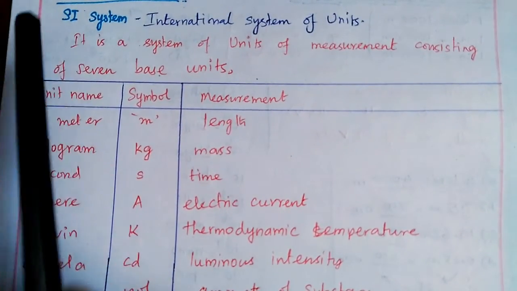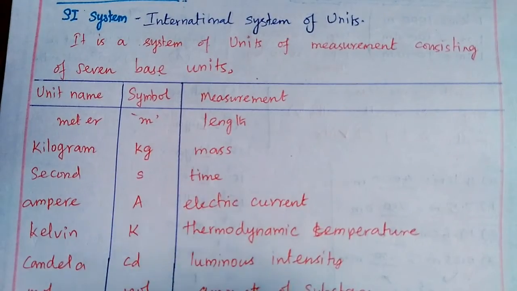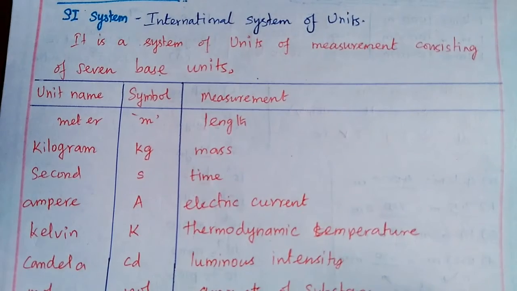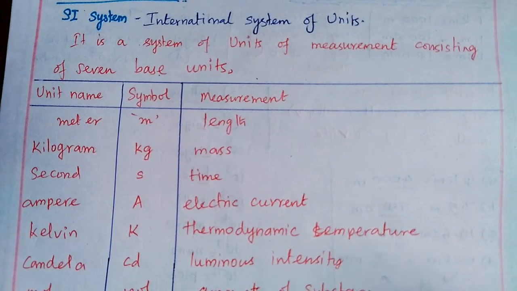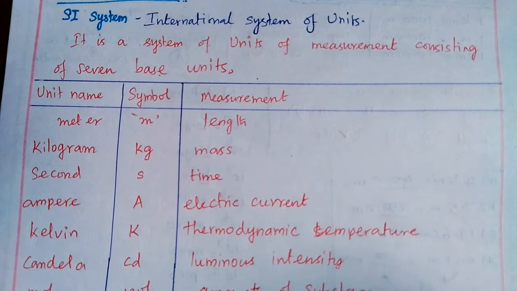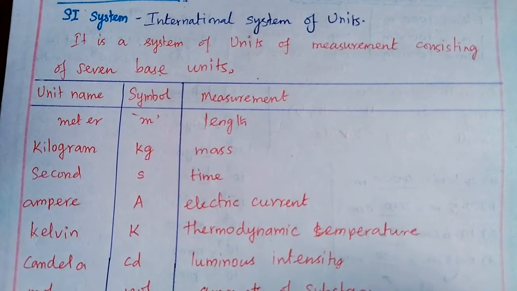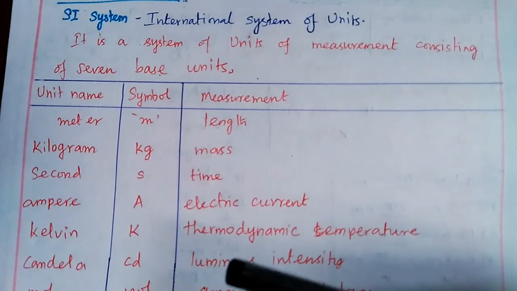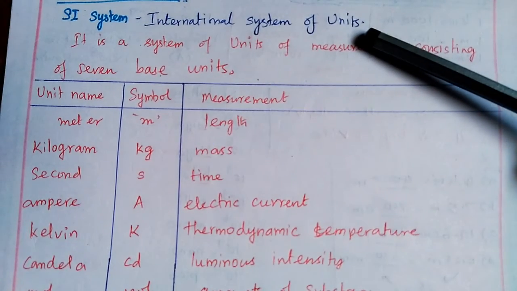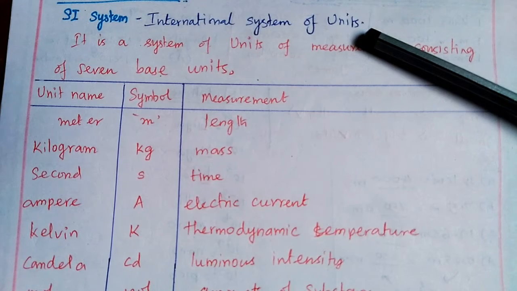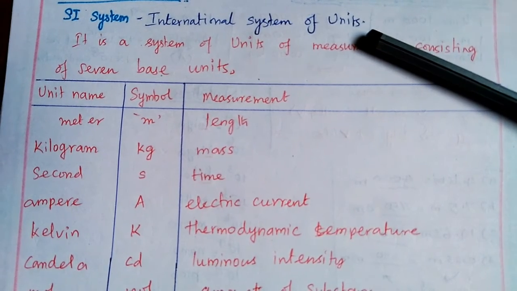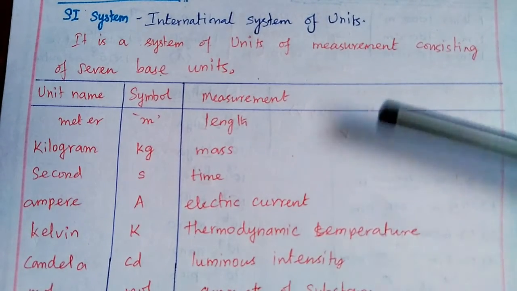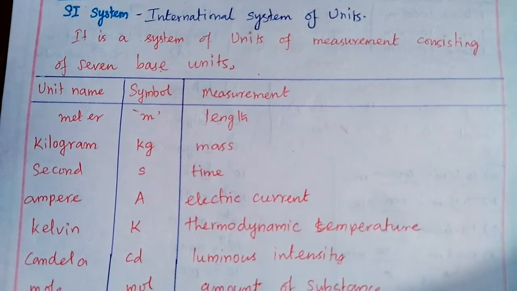Besides the SI system, we have the CGS system and several other kinds of systems. In order to get a common value of unit, we have this kind of base system, which is called the SI system. Without any doubts and confusions, we will know these values.